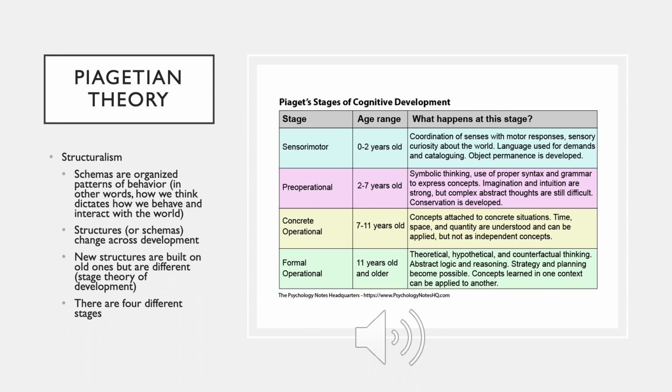And so Piaget looked at different types of stages, and specifically for this course we're going to be focusing on the pre-operational stage, and as you can see here, that is focusing on our preschoolers. And so during this time, we can see that when we're at a certain age throughout Piaget's stage theory, there are schemas that we have about the world that are organized in a particular way.